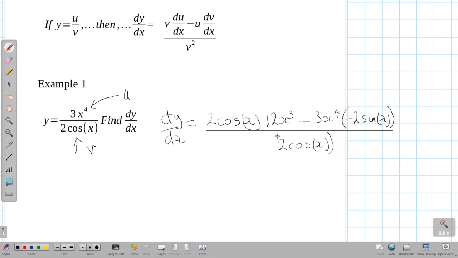This time I'm going to just put it in brackets and square it. There'll be a little bit more about that in the next example. Okay, so moving on.